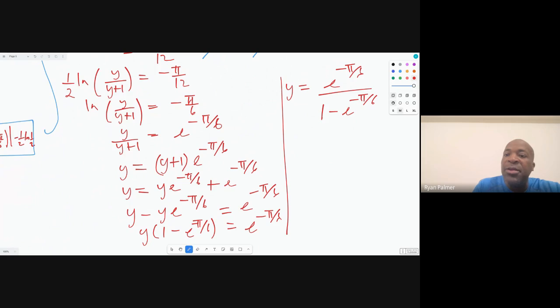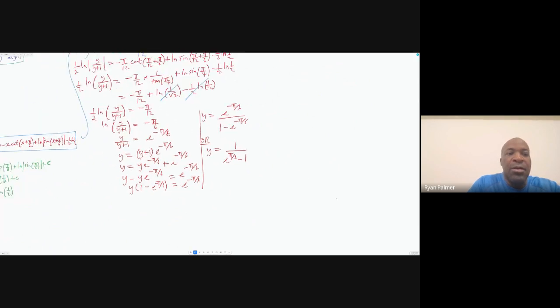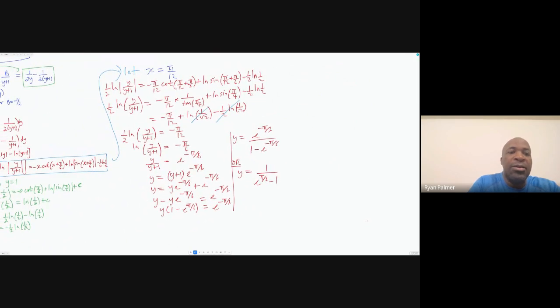If we times that by positive e to the pi by 6, we get y is equal to 1 over e to the pi by 6 minus 1. Okay, and that completes part C of the journey.